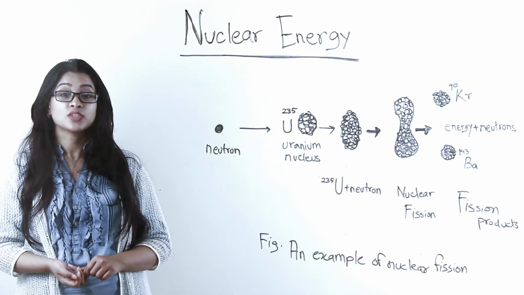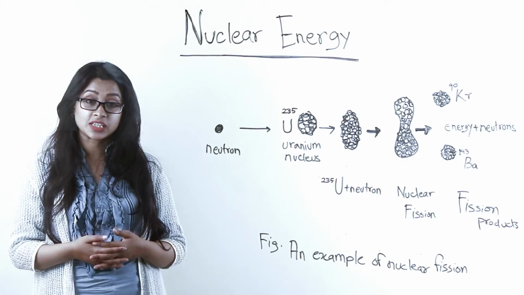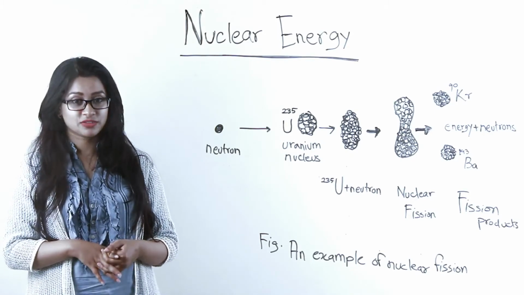We need to know the detail, or at least a brief reaction process, that produces heat, which then produces electrical energy. This is something that we are now going to discuss under the topic of nuclear energy. So let's dig in. Radioactive isotopes are used to provide a large amount of energy by the process of nuclear fission.